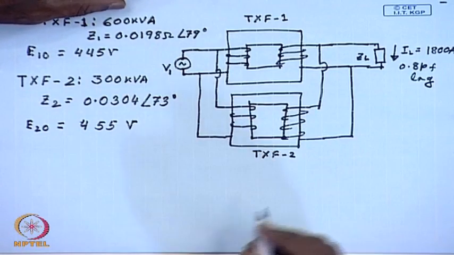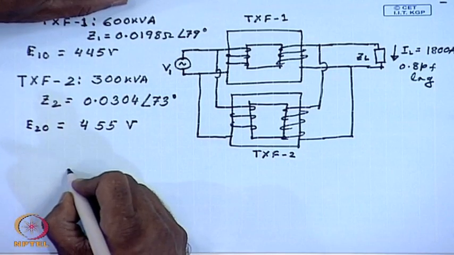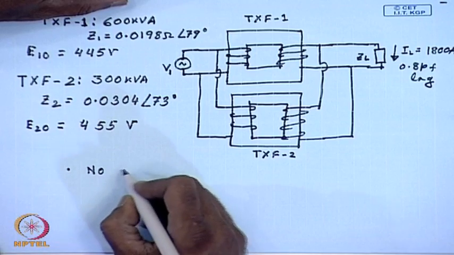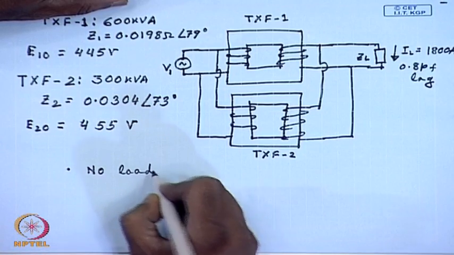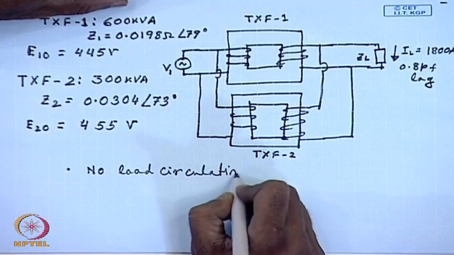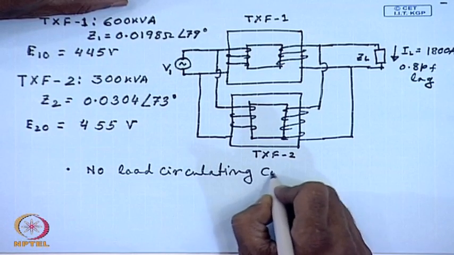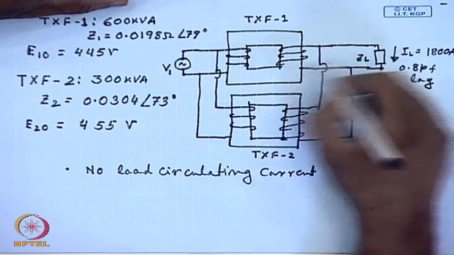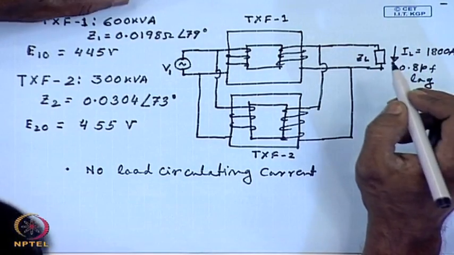We have to find out the no load circulating current, that is, when this load is not connected, what will be the current circulating through the transformers.